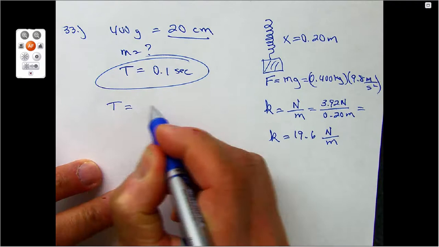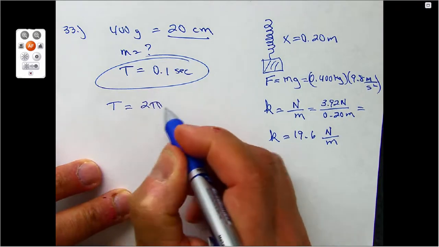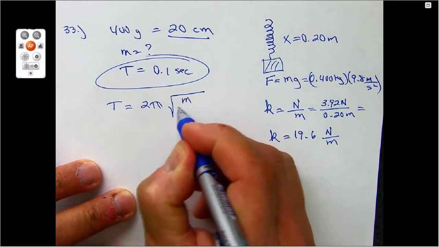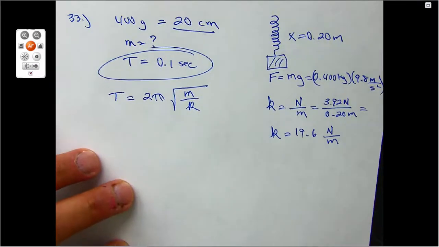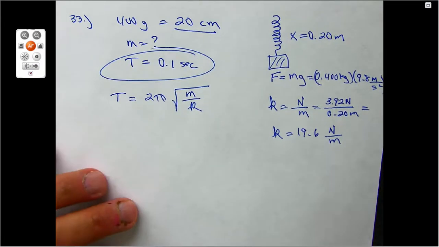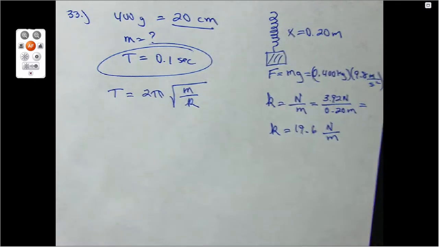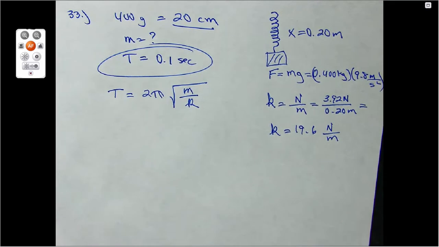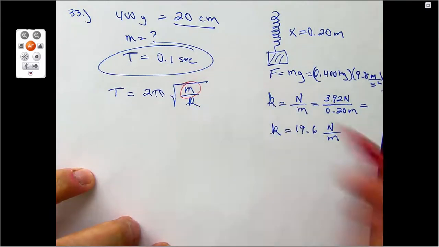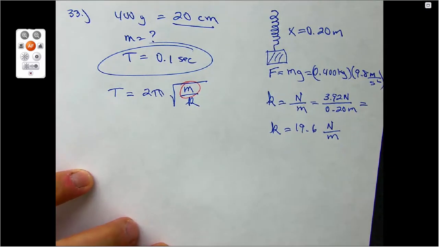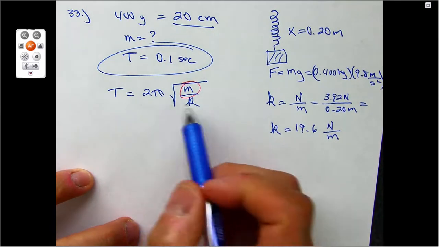So my period is, from our equations, 2 pi times the square root of m over k. Now, if I need to solve this for my mass, I'm going to square both sides.